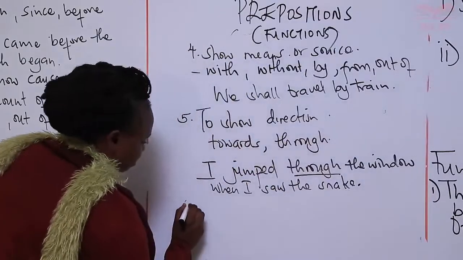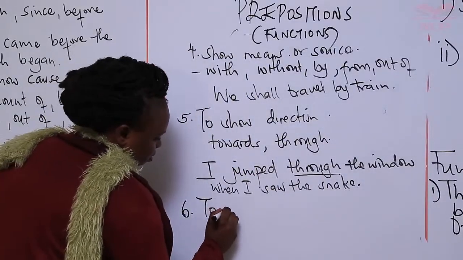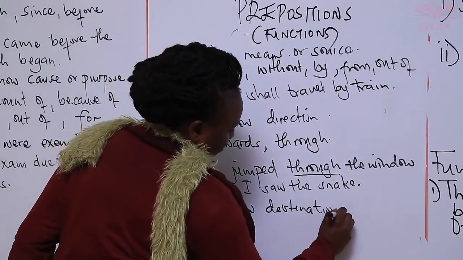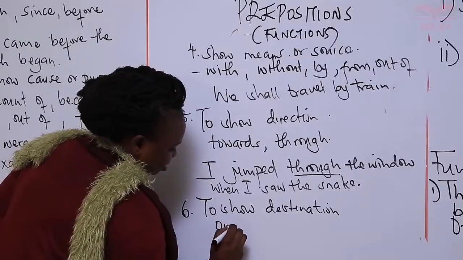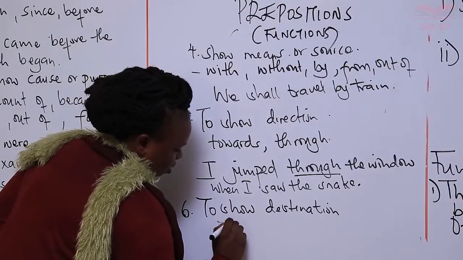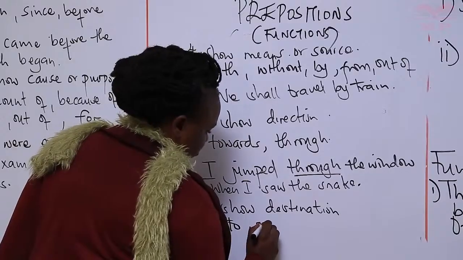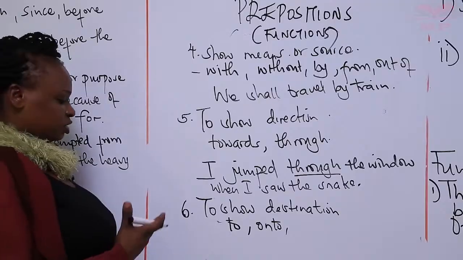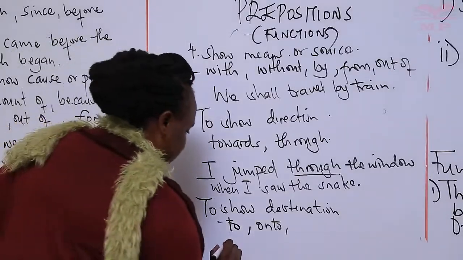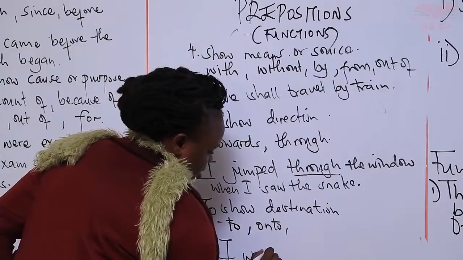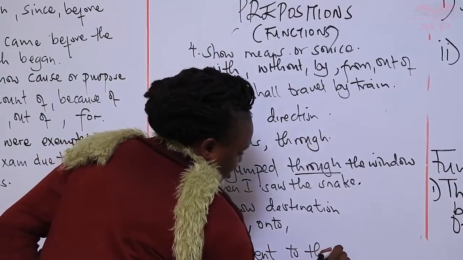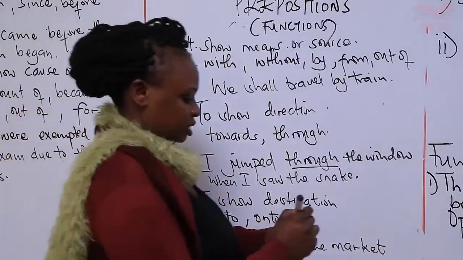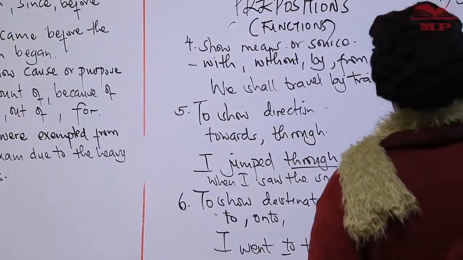Okay, number 6, to show destinations such as to, on to, so that we have I went to the market. Okay, I went to the market.